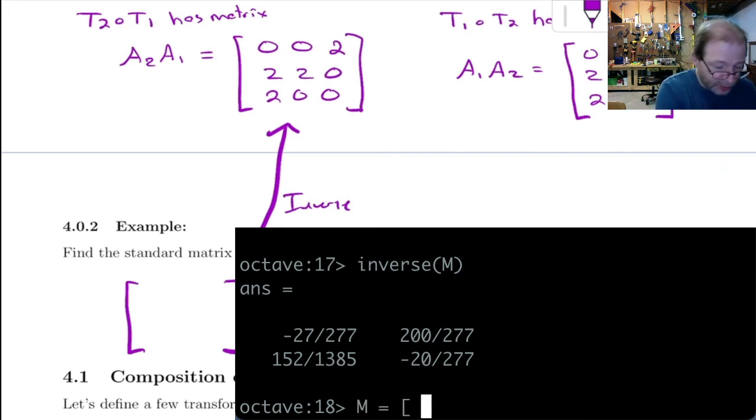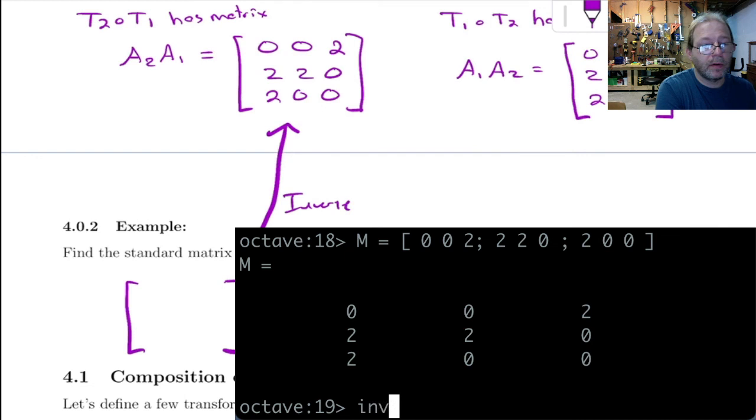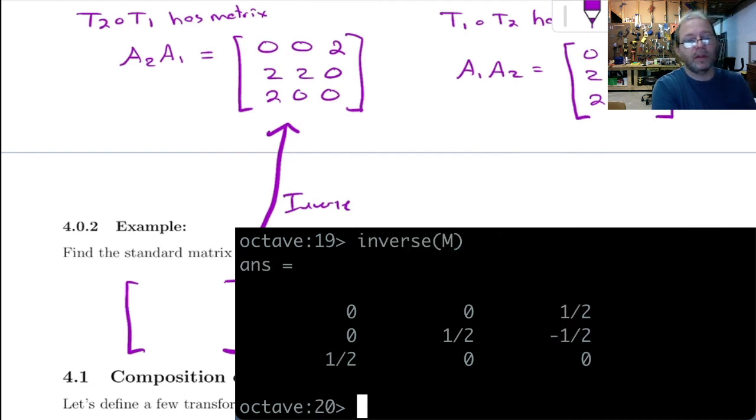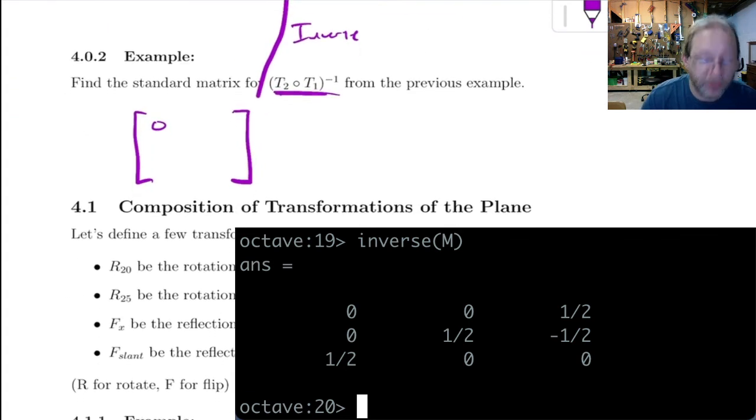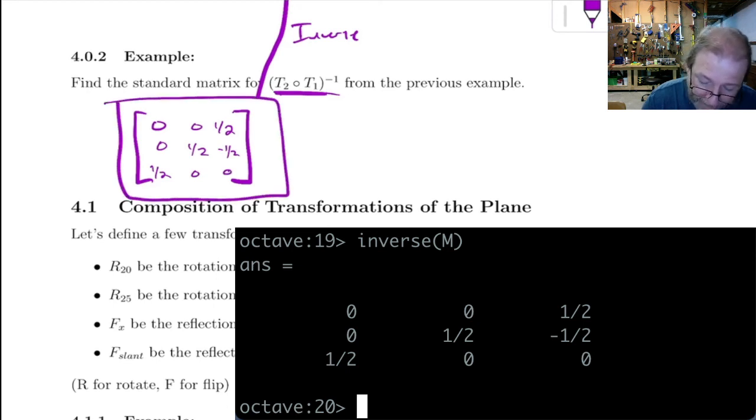Let's see, that's 0, 0, 2, 2, 2, 0, 2, 0, 0. And its inverse, we've got 0, 0, half, 0, half, minus a half, half, 0, 0. All right.